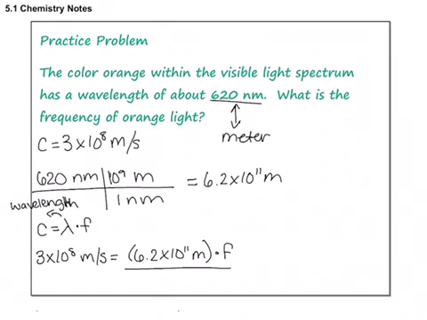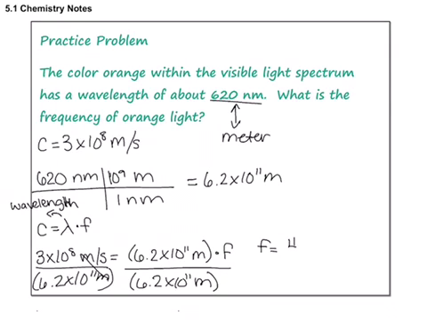So divide each side by 6.2 times 10 to the minus 7 meters. The meters cancel, and we're left with a frequency of 4.84 times 10 to the 14th, and the unit on frequency is hertz. Hz is the appropriate abbreviation.